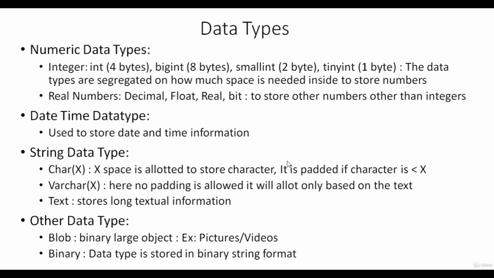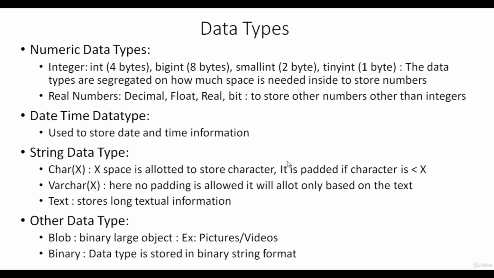That means whenever you define the x value, it allocates that much space, or that much memory, upfront, and whatever is not used is padded. In varchar x, there is no padding allowed, so that is the difference between char and varchar.